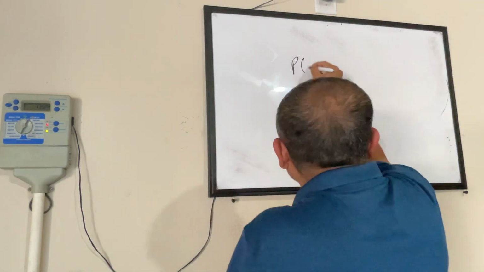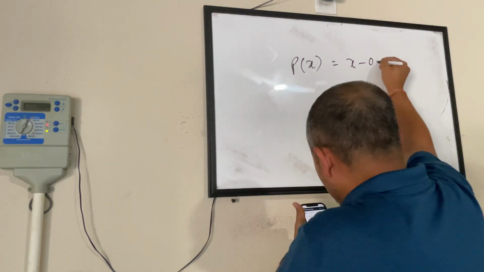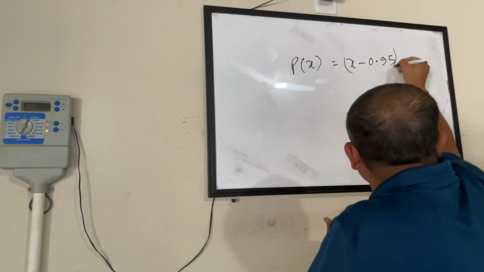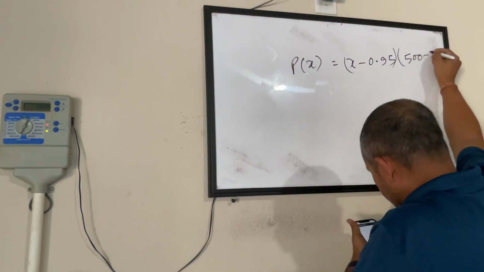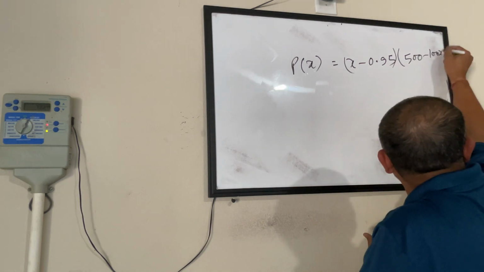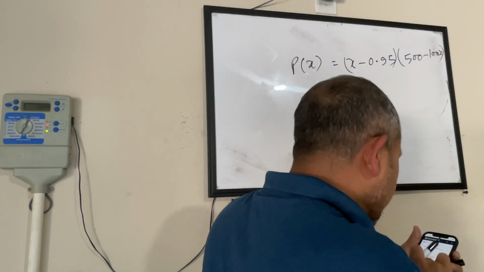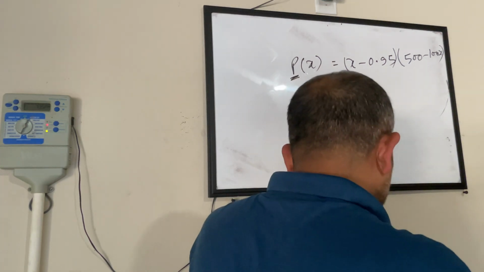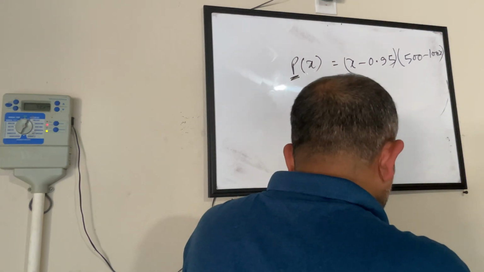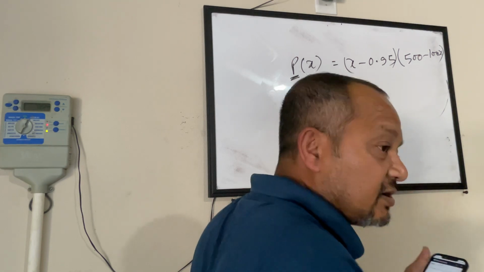Yeah, sure, finish. P(x) equals (x minus 0.95) multiplied by (500 minus 100x). Okay? It says the equation models P, the daily profit in dollars a food truck makes by selling the signature tacos at a price of x.